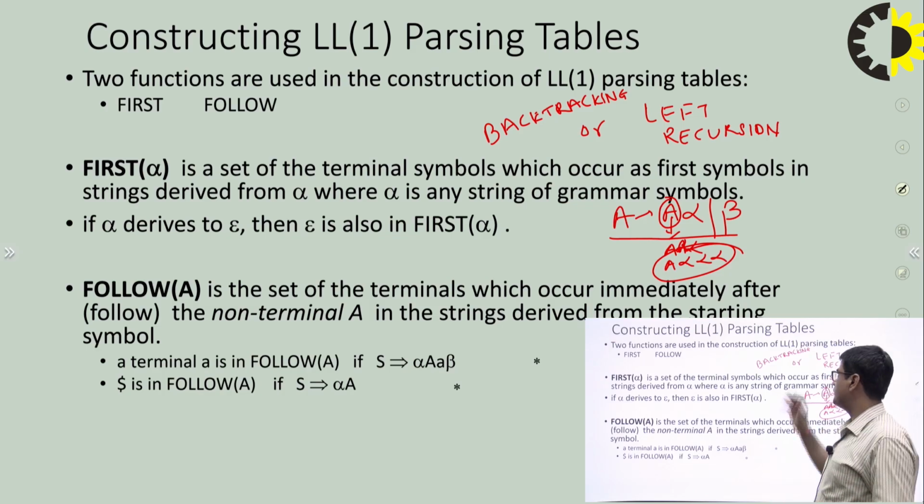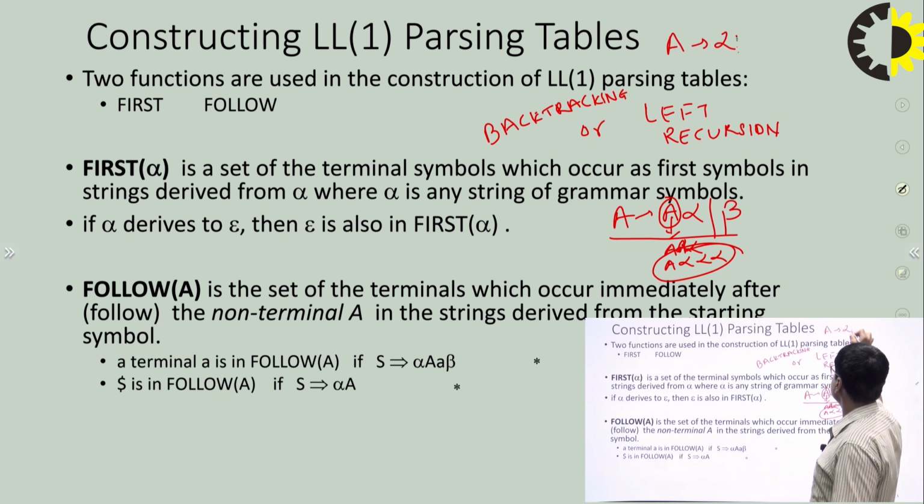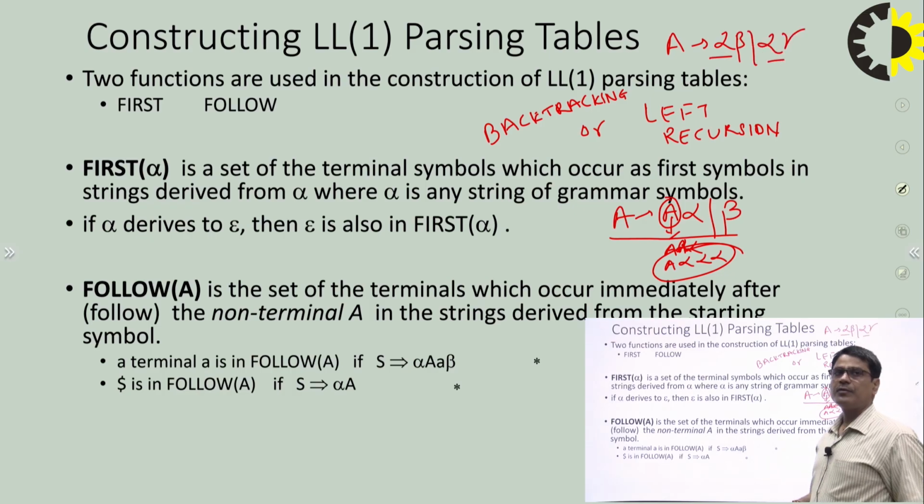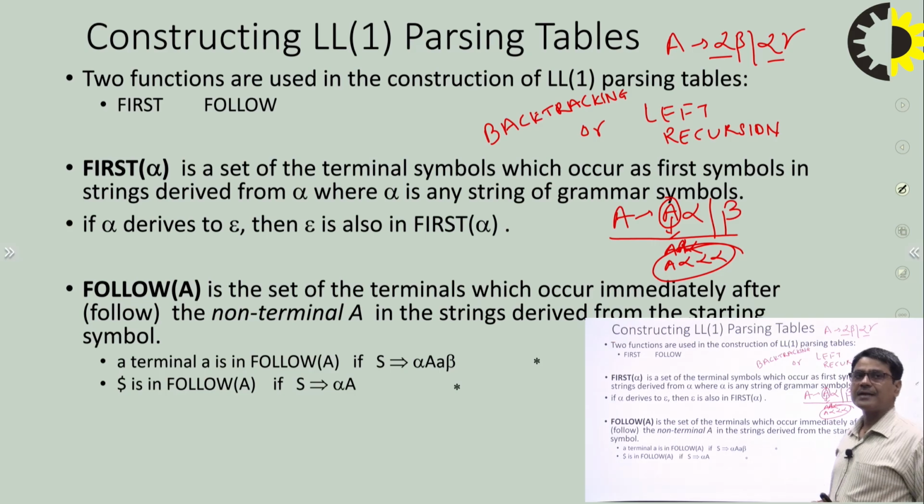Then the second thing, backtracking. Backtracking means any production in the form of A produces alpha beta or alpha gamma. When you implement the grammar using a stack and you get alpha as the input symbol, you have these two productions for it. Which one do you use to replace the particular part?